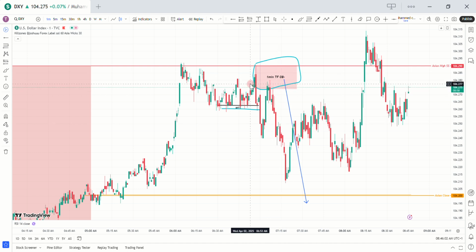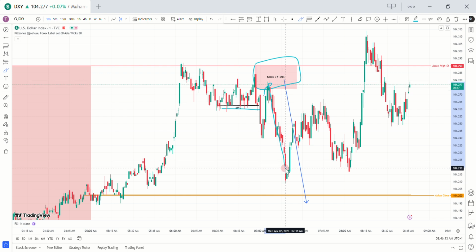So I just marked them out, and immediately I saw price went directly to fill this 1 minute order block, and then sold.